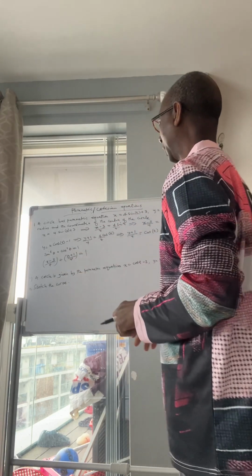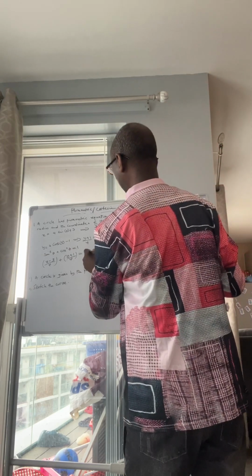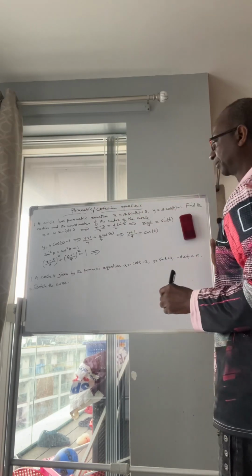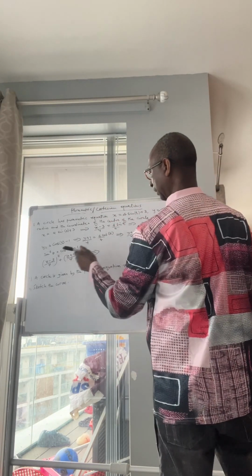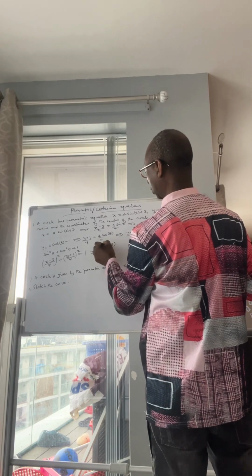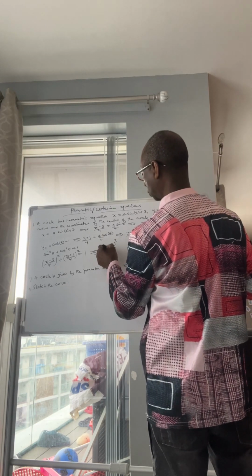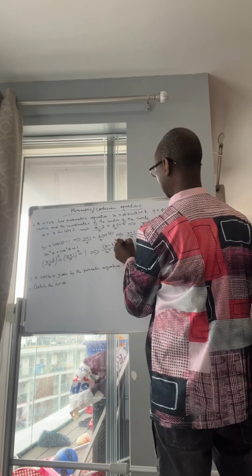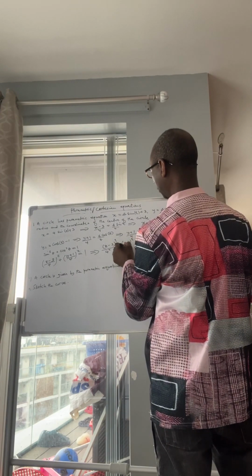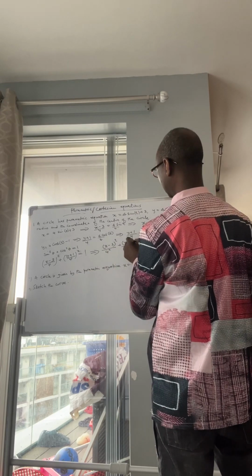Now, let's break it down. This is the same as saying x minus 3 all squared all over 4 squared plus y plus 1 all squared all over 4 squared equals 1.